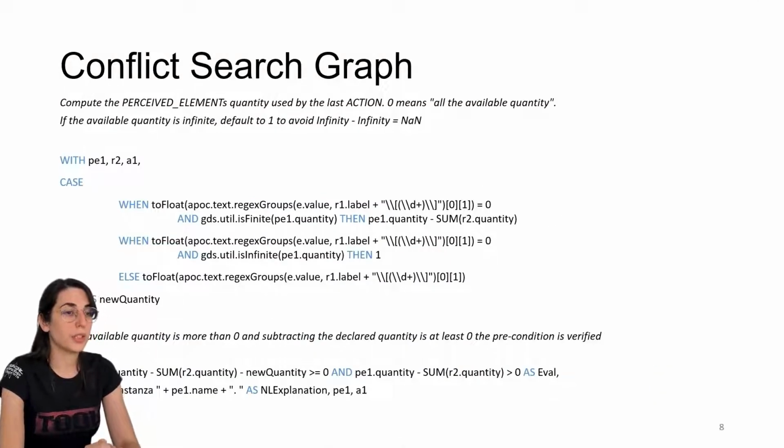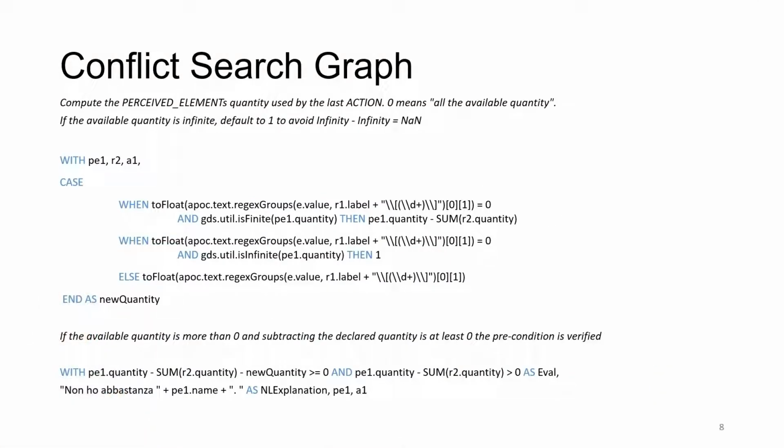To do that, we used queries in the Cypher language, which is the query language used in Neo4j. And in this specific query, we asked to, first of all, define what quantity of a specific item was defined.